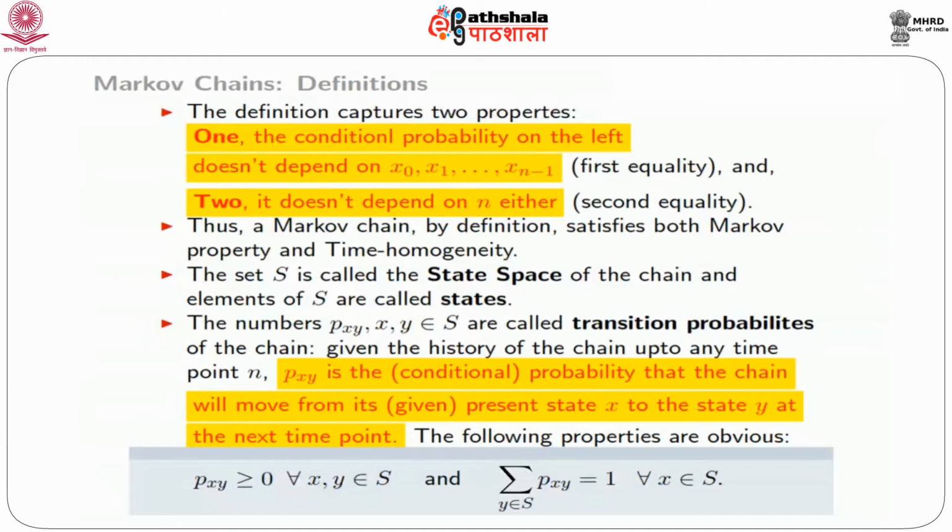Since Pxy's are conditional probabilities, they have to be greater than or equal to 0 for every x and y, non-negative. And of course, since Pxy for fixed x gives the conditional probability of Xn plus 1 taking the value y given Xn equal to x, if you sum these things over y, the sum should be 1 because the conditional probabilities also should add up to 1. So these are two properties that transition probabilities satisfy.